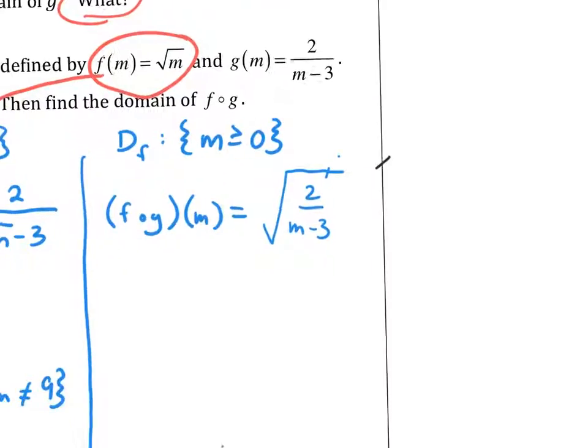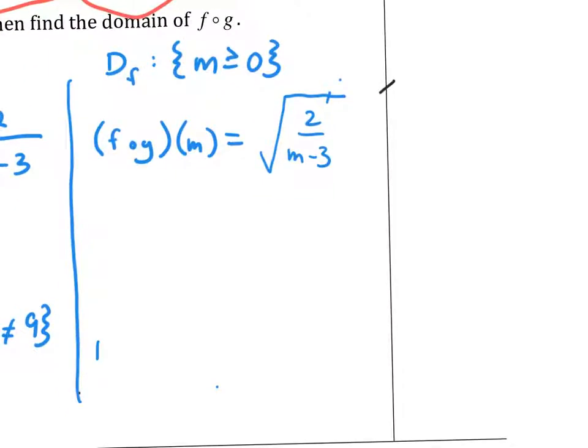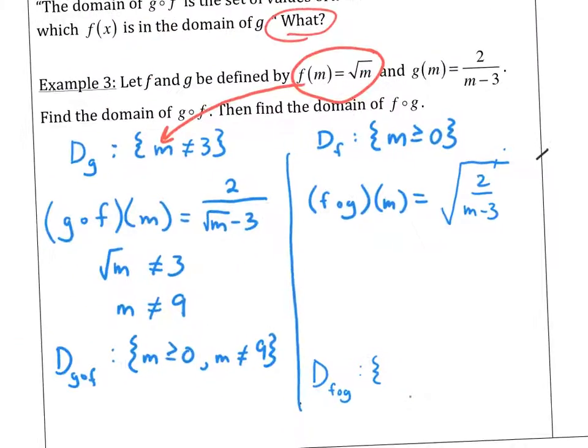So notice when I'm considering the domain of this, I already have one restriction down here, and that's the beginning restriction: m cannot be 3, because it would make this a 0 in the denominator. So we already have one restriction. The one restriction is the actual domain of the embedded function.